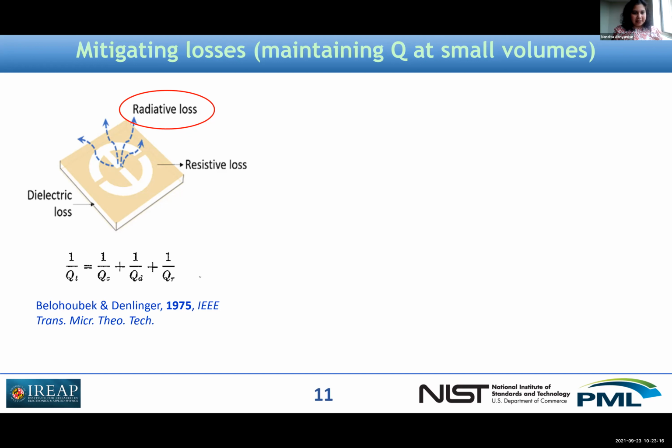Blank did this by using, for example, LSAT or lanthanum aluminate, which have very low loss tangents. And the third kind of loss, which had not been addressed in previous literature, was the radiative loss: an oscillating electric dipole radiates energy, and that's another dissipative mechanism that leads to a lowering of the Q factor.